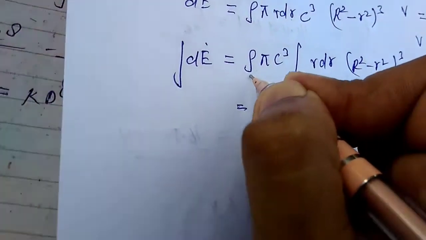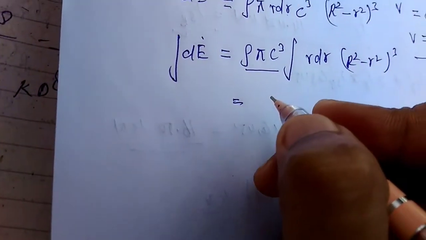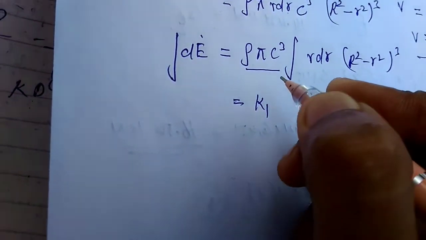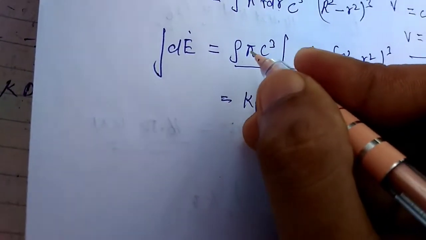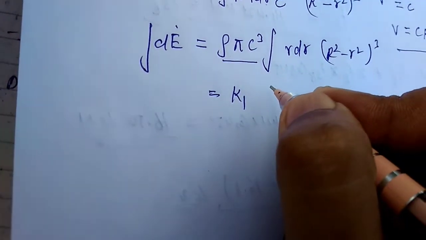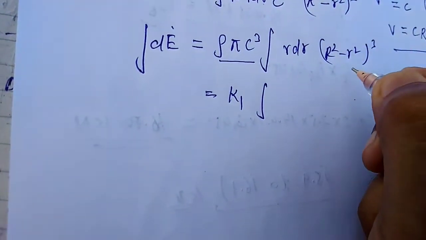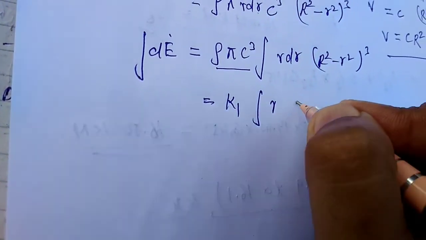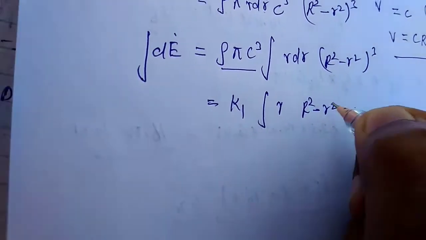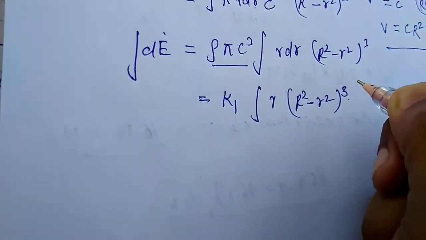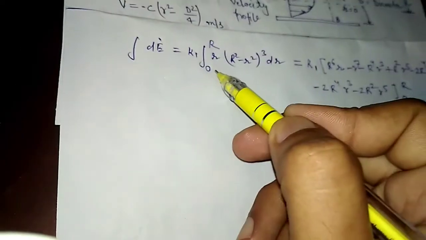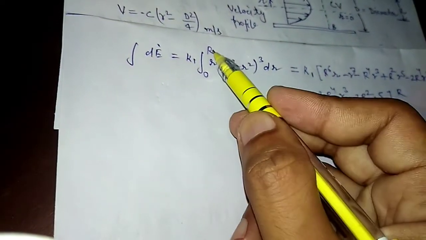Now rho pi c cube can be assumed as k1. This is any constant, because rho pi c cube are constants. So this will be equal to k1 integration r (R² minus r²) cube into dr. Now take lower limit and upper limit.